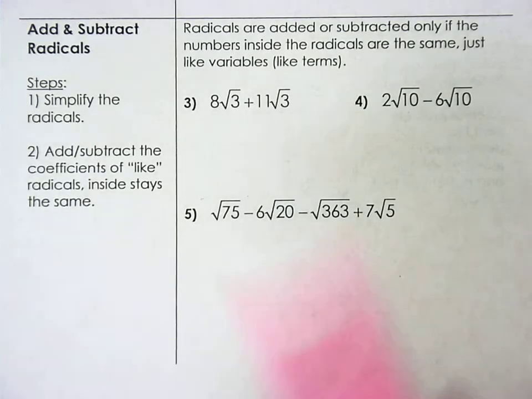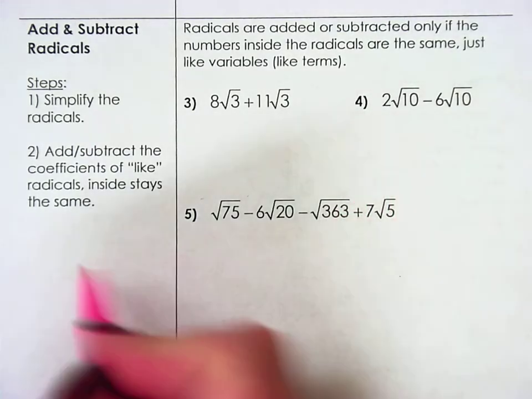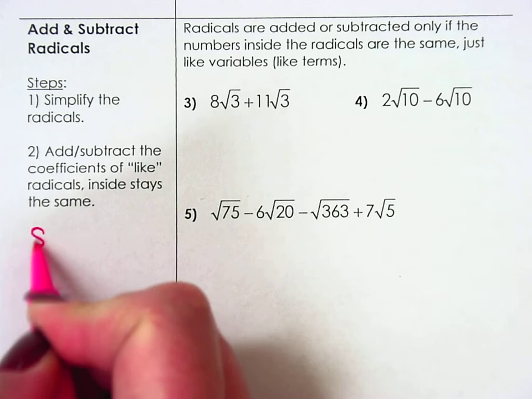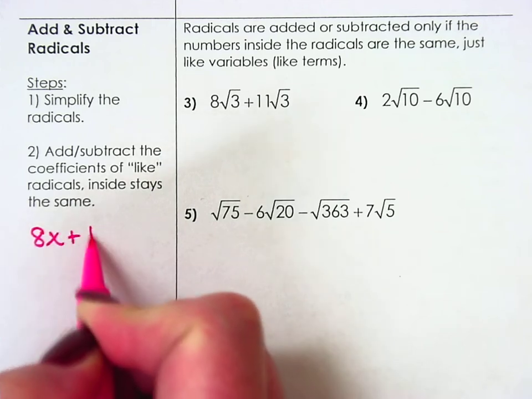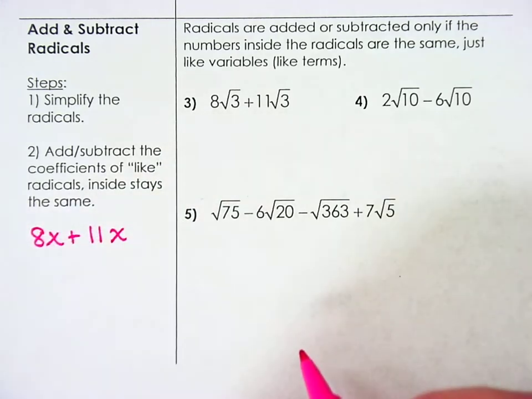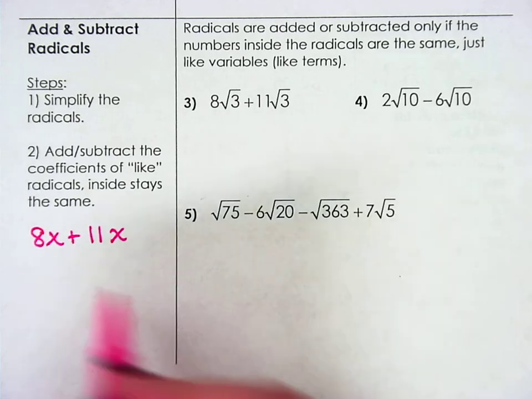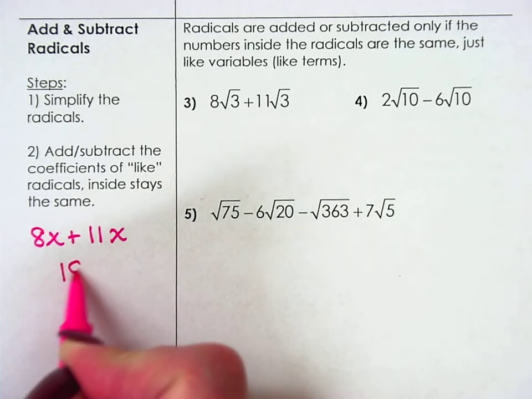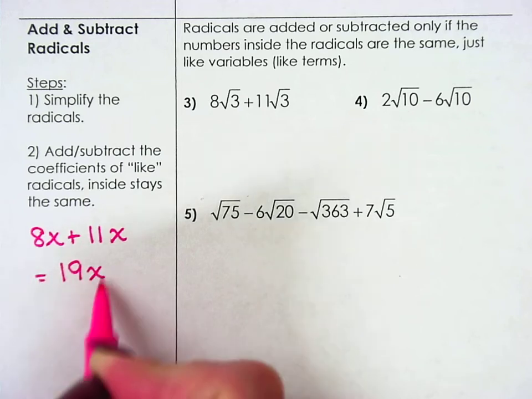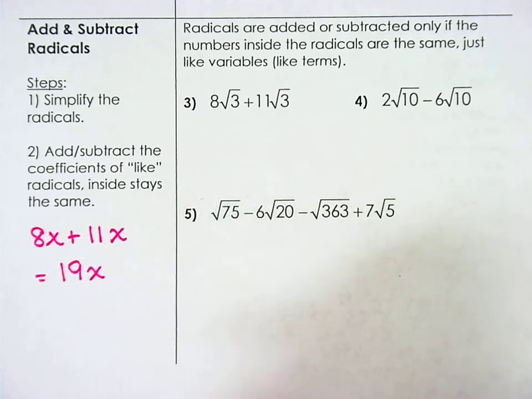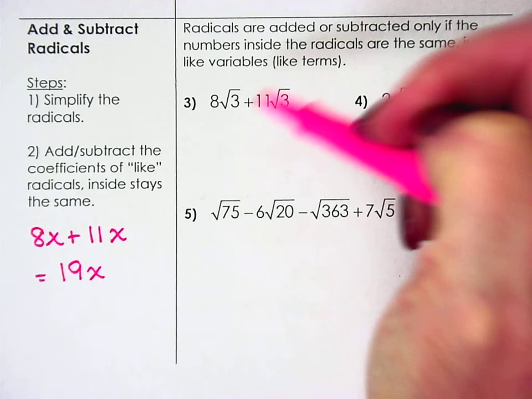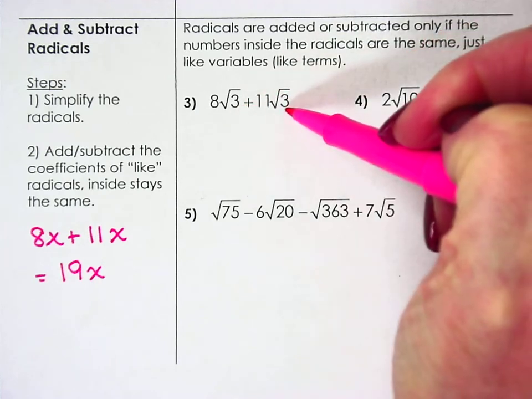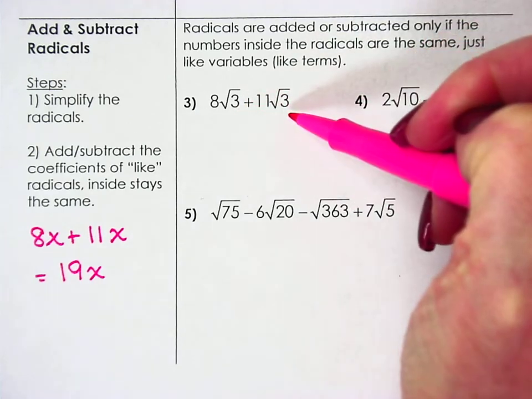Well, what my brain is really doing is visualizing that as 8x plus 11x. So if I gave you that problem, you would easily be able to tell me that you would just add the 8 plus the 11 and get 19x. Notice the x didn't change.